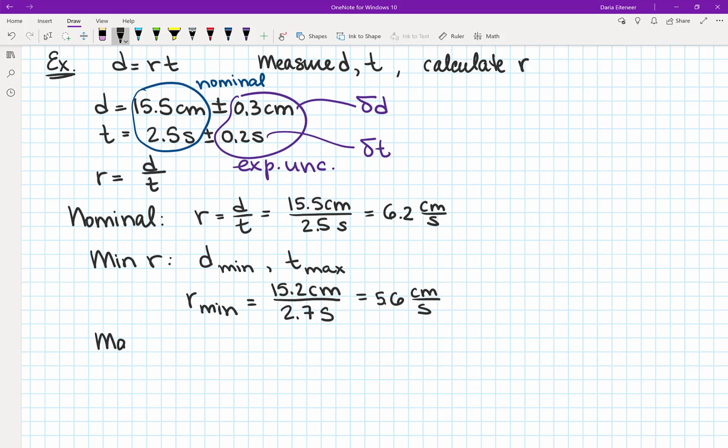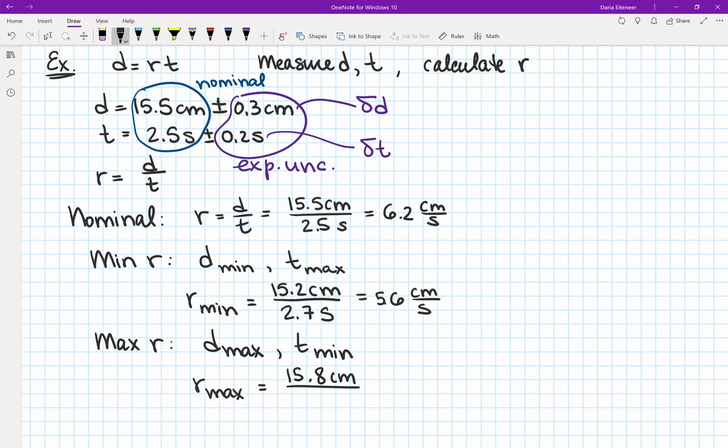So then let's do the same thing for maximum value of R. I would get maximum value of R from the maximum value in the numerator and the minimum value in the denominator. So I get distance max by adding uncertainty, so 15.8 centimeters.